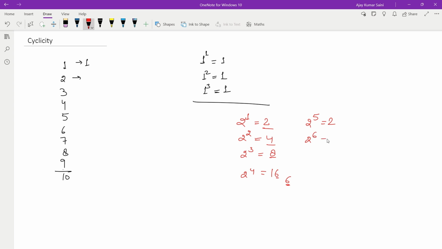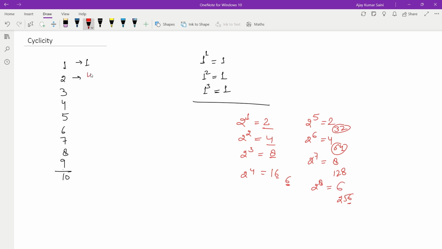And 2 to the power 6 is 64, and the last digit is 4. 2 to the power 7 is 128, last digit is 8, and 2 to the power 8 is 256, so the last digit is 6.